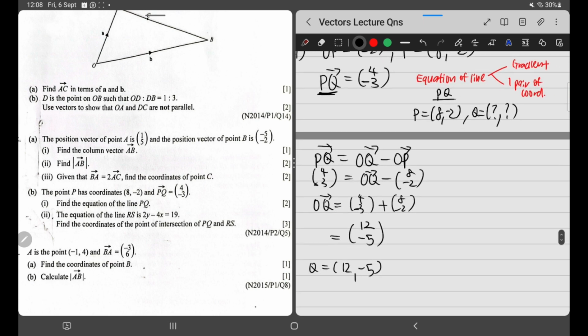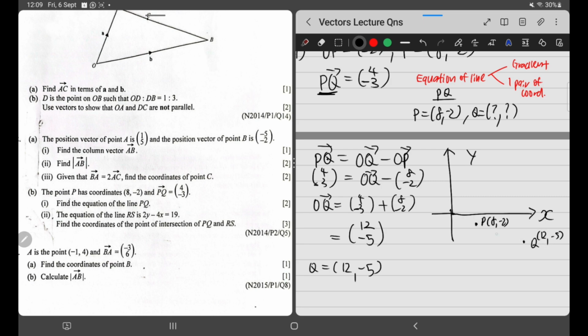So now I know my P and Q. Now my graph looks like that. XY axes. This is P, (8, -2). And then I have my Q, (12, -5).